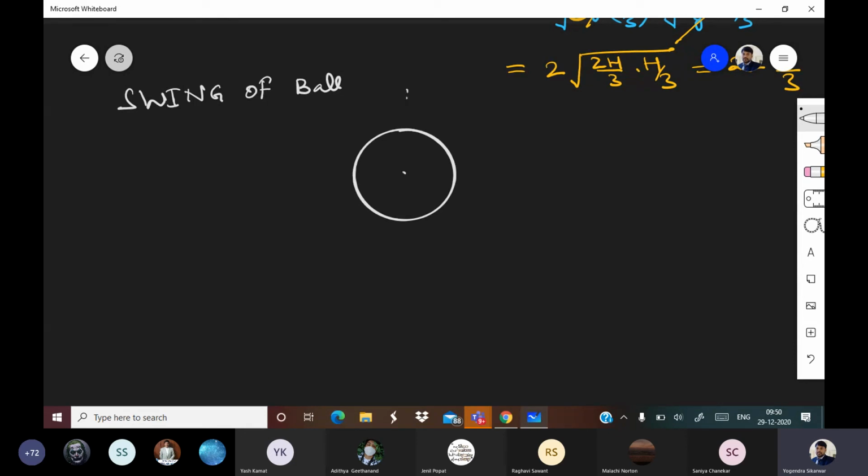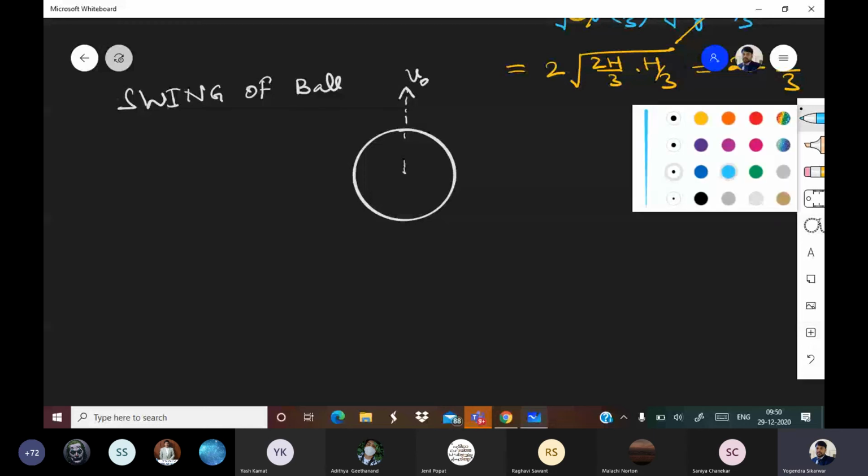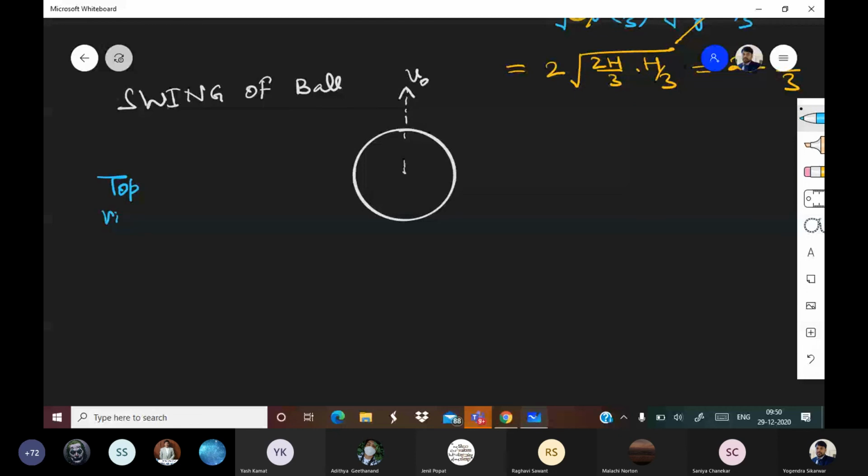So this is a ball which is thrown with velocity v naught, and you are watching the top view of the ball. While the swing bowler was throwing the ball with v naught, he gave a little twist of omega.